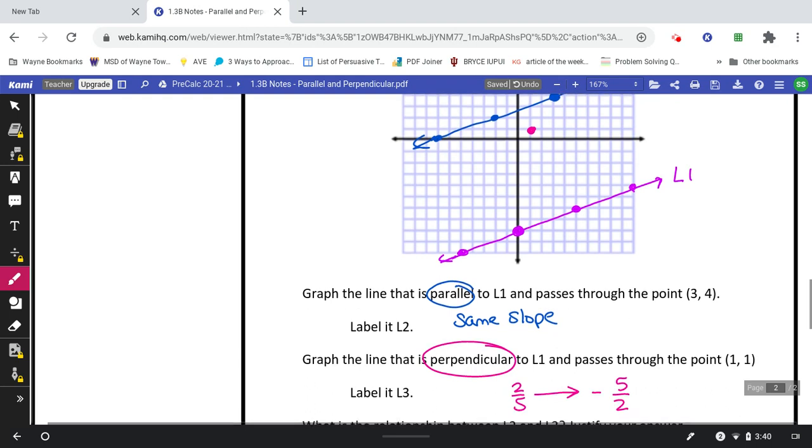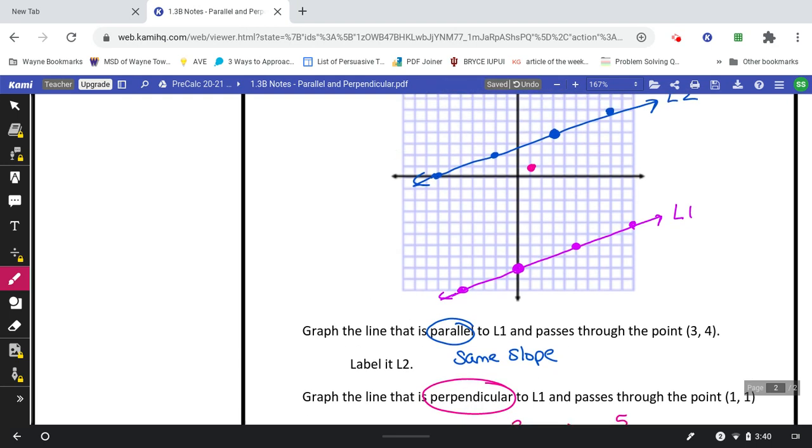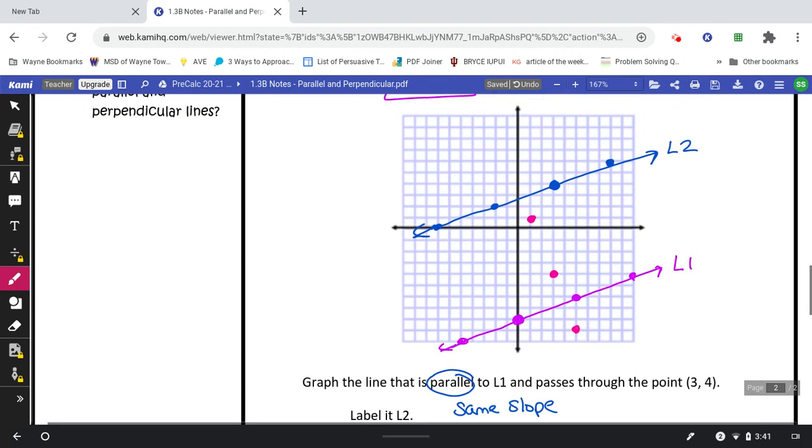And then I'm going to go down 5 and over 2. I'll label that L3.